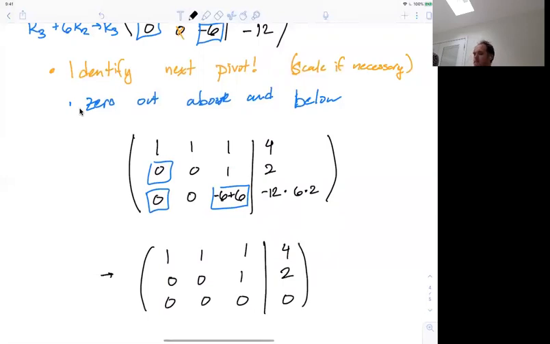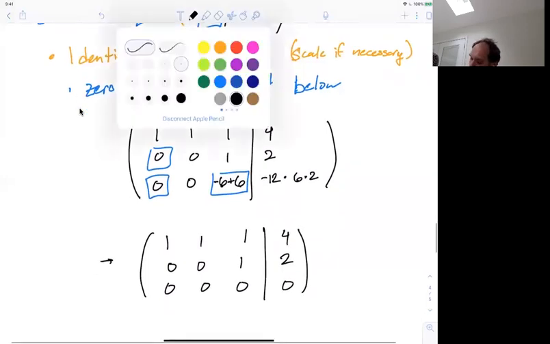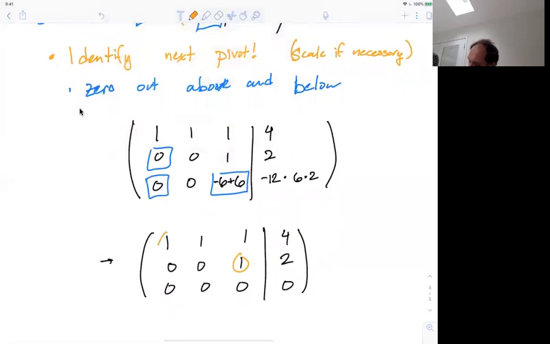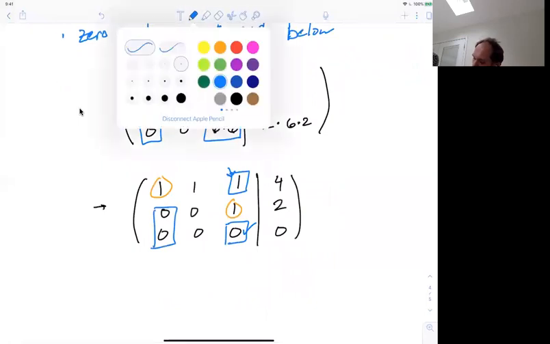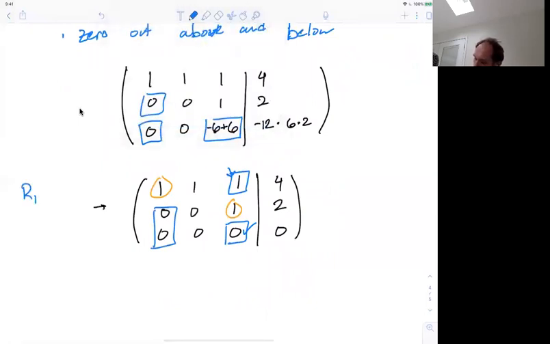All right, so now we're almost done. Those were our pivots. These are the zeros below. And now we need to do this one, the one above. So finally, we just need to take row 1 and subtract row 2 and put that into row 1.